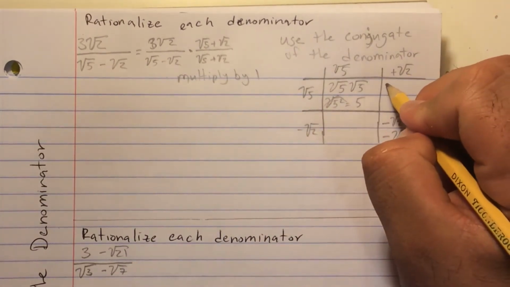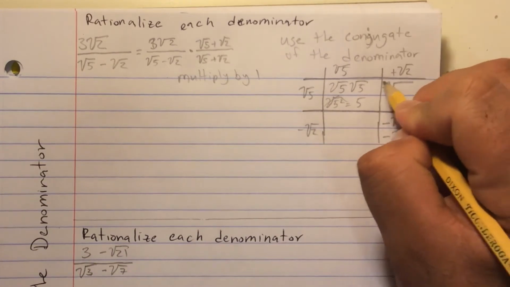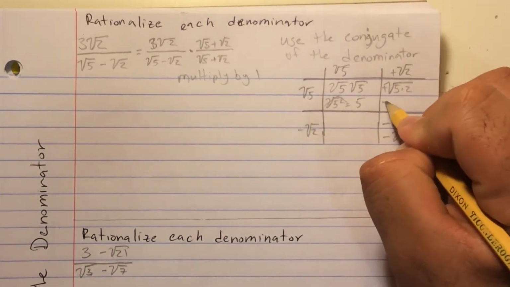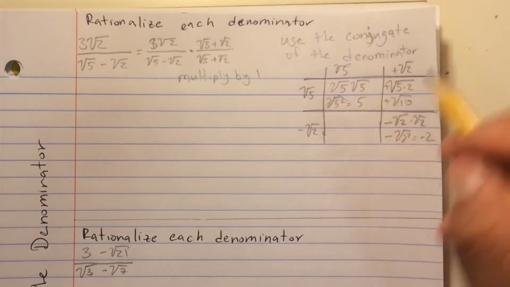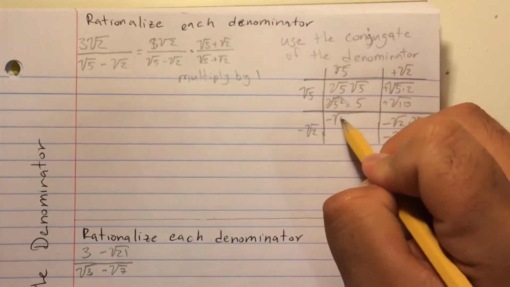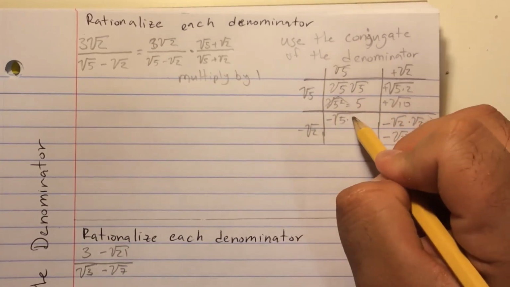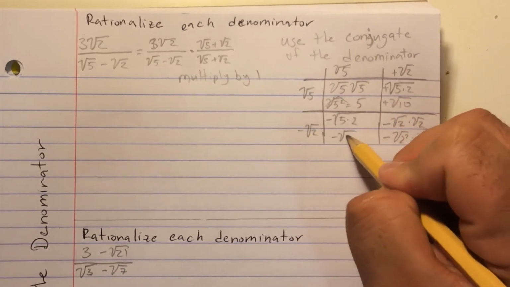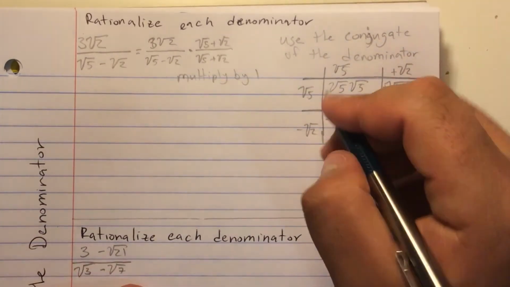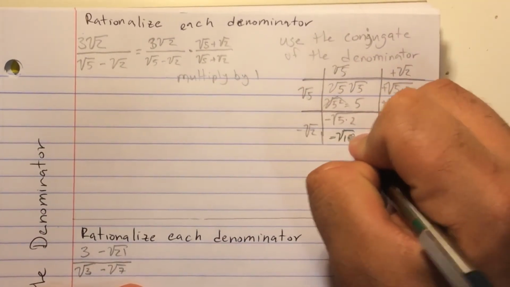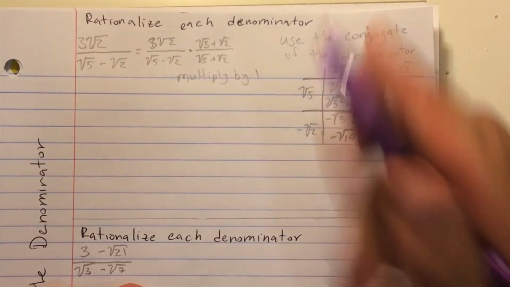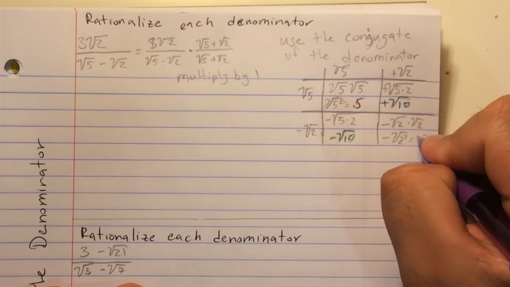Positive radical 5 times radical 2 gives us positive radical 10, and negative radical 5 times radical 2 gives us negative radical 10. As we knew already, these are opposites of each other, so they add to 0. Don't you love it when we're right?